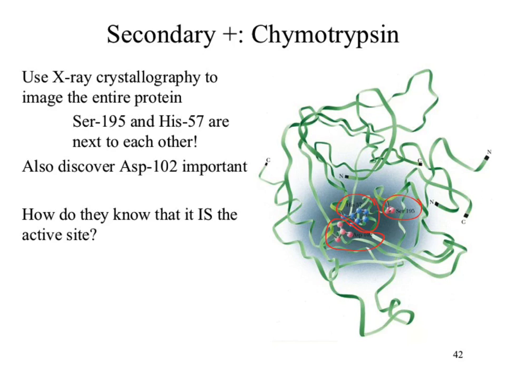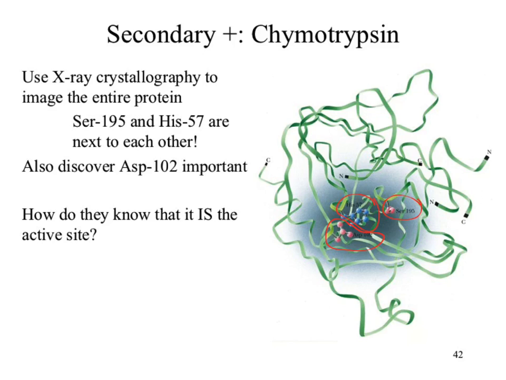Okay? How do they know that that is the active site? But if I remove serine 195, how would I remove that? Then I'm now one amino acid shorter. It is targeting a particular sequence, right?